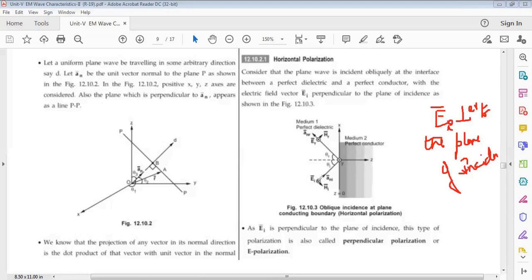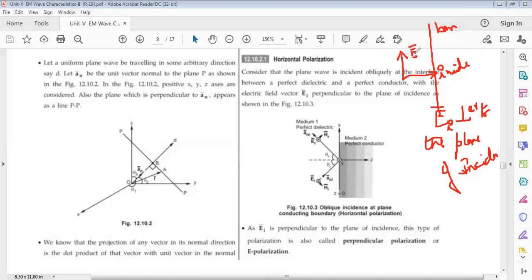For this incident beam, the electric field E bar is perpendicular to the incident beam, or otherwise it is parallel to the boundary line between the dielectric and the conductor.